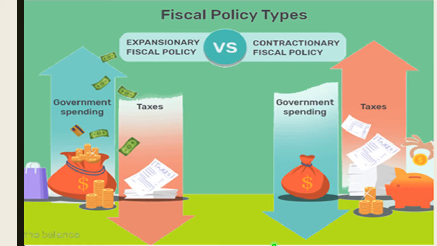Whereas under contractionary policy, the government will reduce the spending and increase the taxes in order to reduce the aggregate demand and aggregate supply in the country. It means expansionary policy increases the inflationary situation, whereas the contractionary fiscal policy controls the inflationary situation.